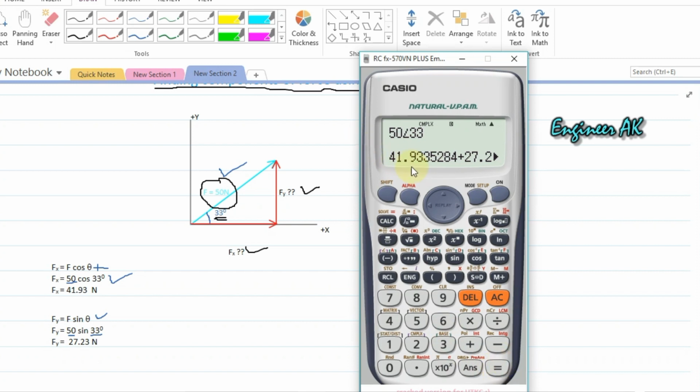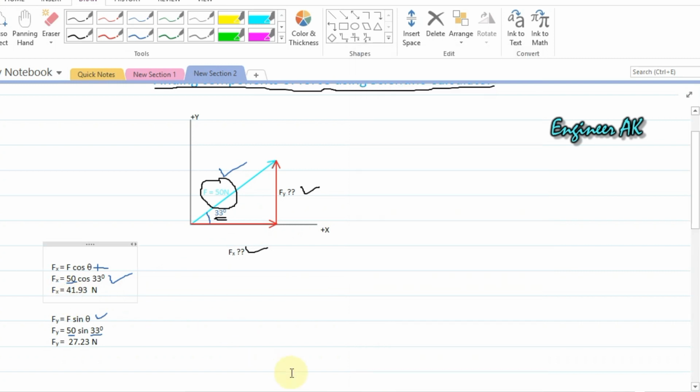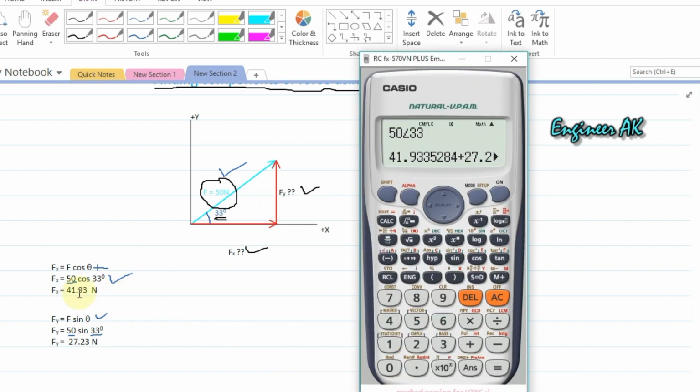Here we go. We can see the first is 41.93, and here it gave the same answer, 41.93. The second, with the iota since we have activated the complex mode, is 27.23, and here we can see 27.23. So through this we can easily find the components of the given force.